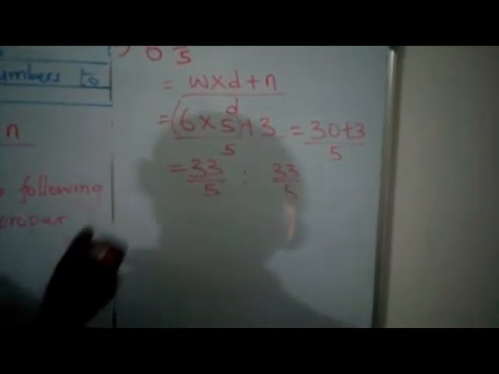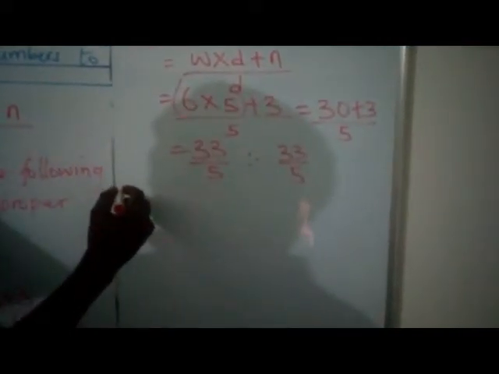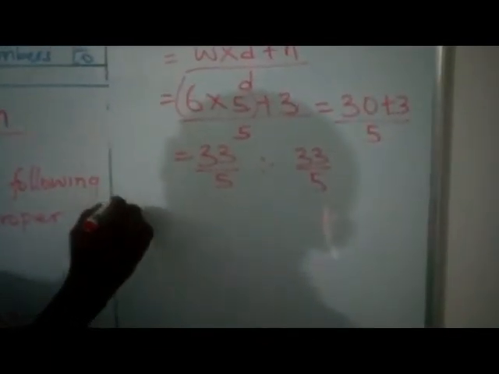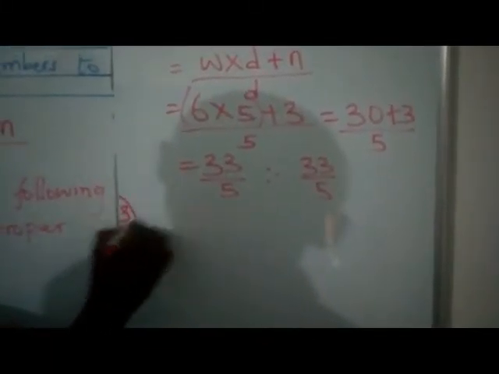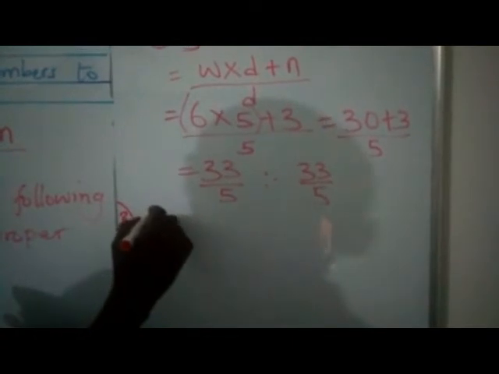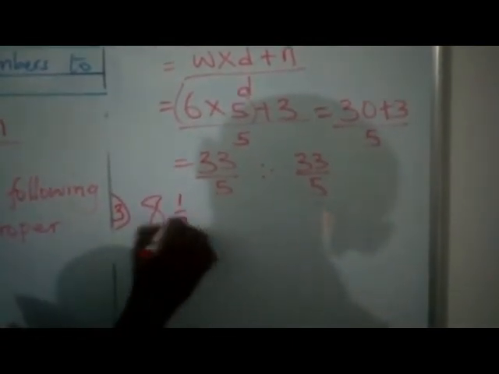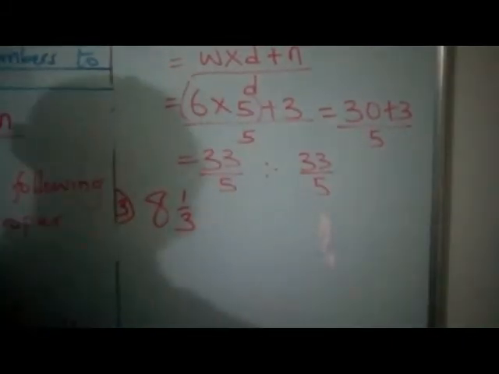So we're going to take the last example for today on how to convert from a mixed number to an improper fraction. Example 3: we're going to convert 8 whole number 1 over 3 to an improper fraction.